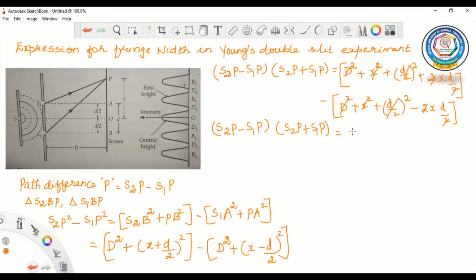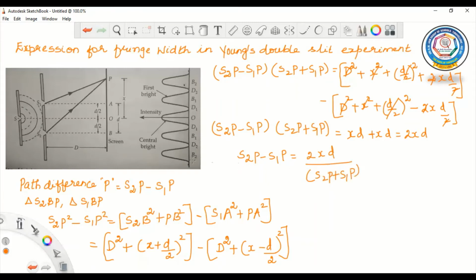Because here you have xd minus minus xd, you will get plus xd, so this will be equal to 2xd. So S2P minus S1P, which is actually our path difference, is 2xd divided by S2P plus S1P.